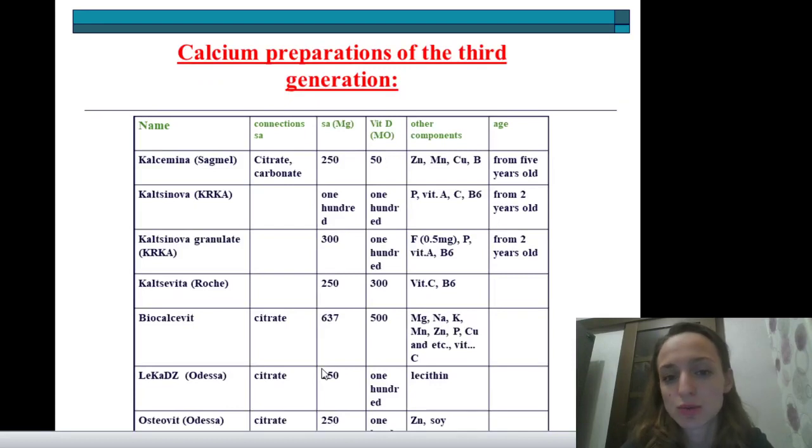And calcium preparations of the third generation: Calcemin, Calcinova, Calcinova granulate, Calcivita, Biocalcivit, Leca-D3, and Osteovit. And here you can see other components in these supplements, and you can see age from 5 years old, from 2 years.